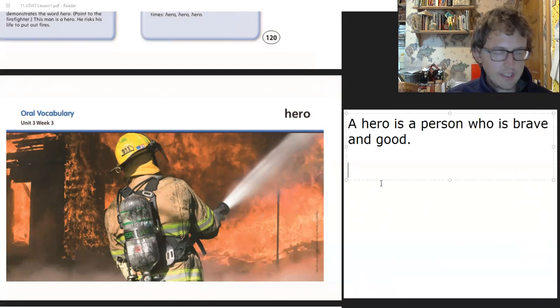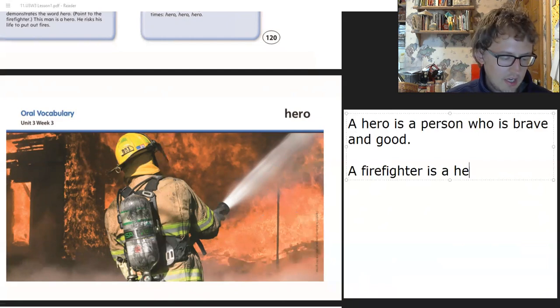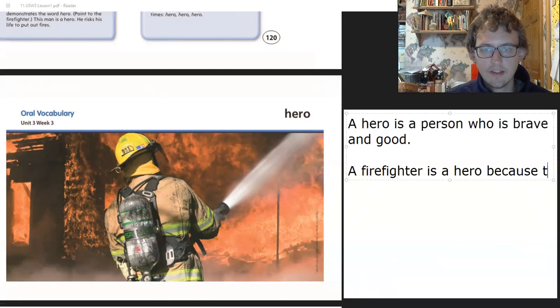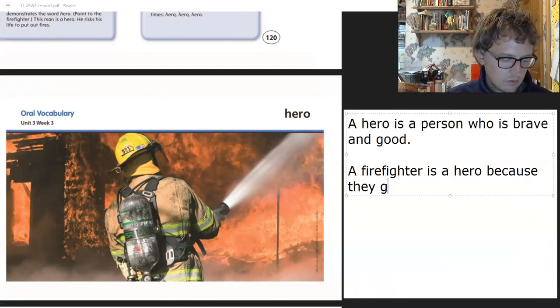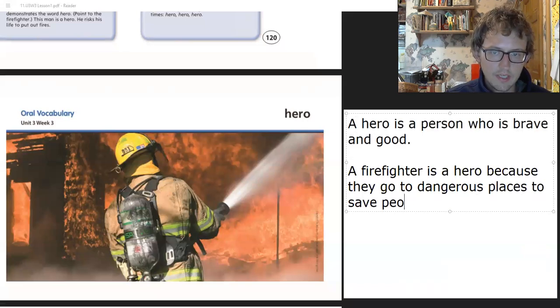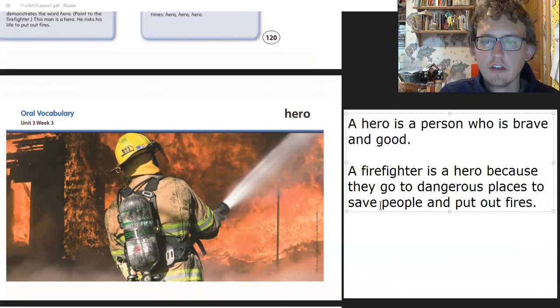So we can say that a firefighter is a hero because they go to dangerous places to save people and put out fires, right?